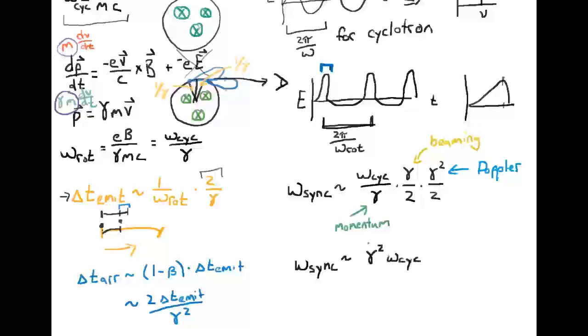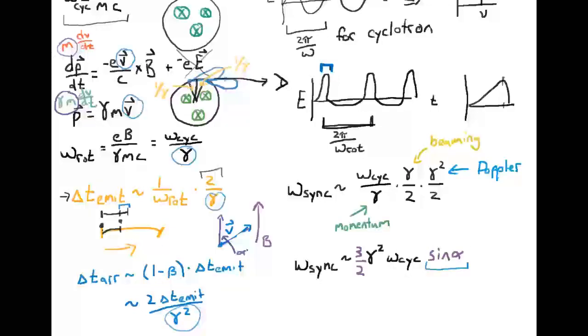And it turns out if you want to be a little more detailed about this, more detailed than we're going to be here, you can work out that there's a 3/2 in front of this, and there's also a sine alpha after this, where alpha is the angle of the velocity with respect to the B field. Up to this point, the velocity we'd been considering here, here, and here were just the components that were perpendicular to the B field.